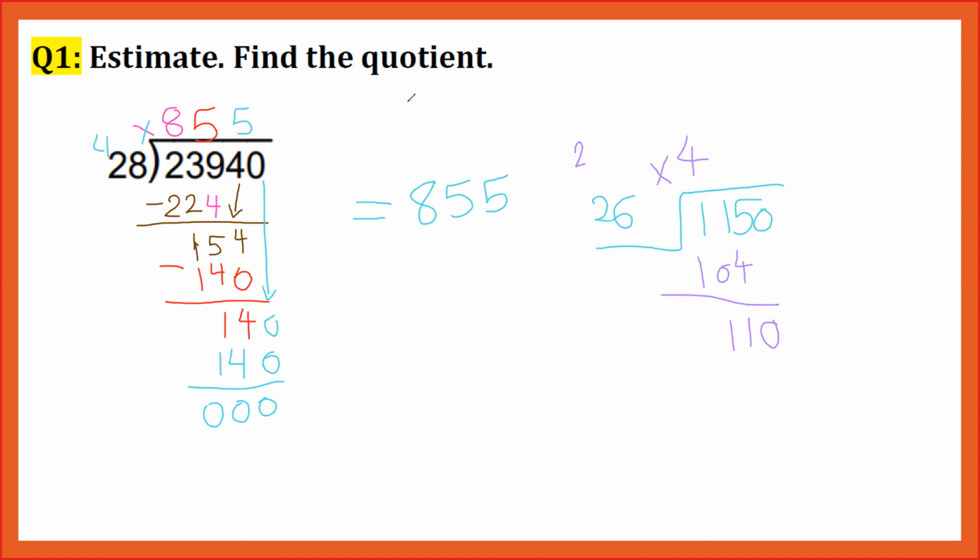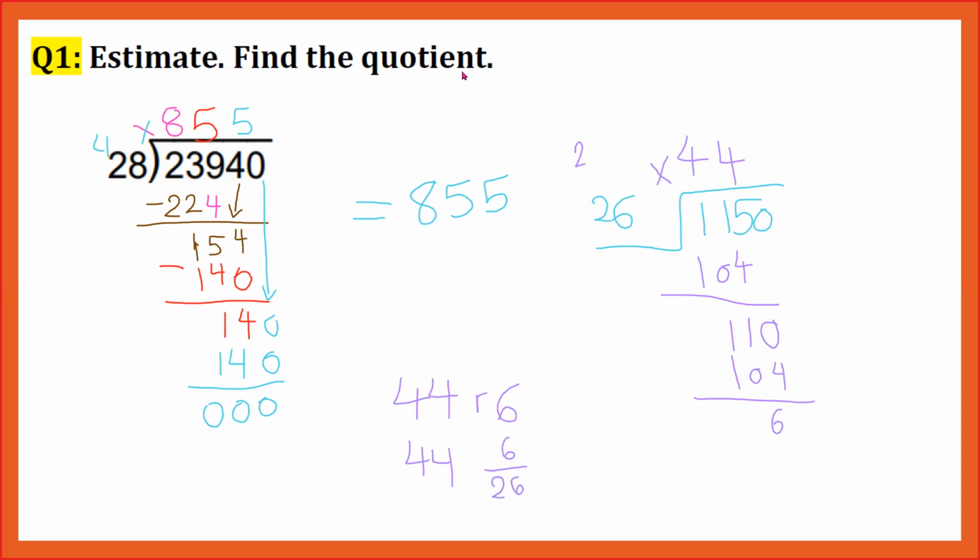Let's try number 4. 4 times 6 is 24, 4 times 2 is 8, plus 2, 10. So the remainder is 6. How can I write the quotient? I will say 44, remainder 6, or I can write it as a fraction, 44 and 6 over 26.